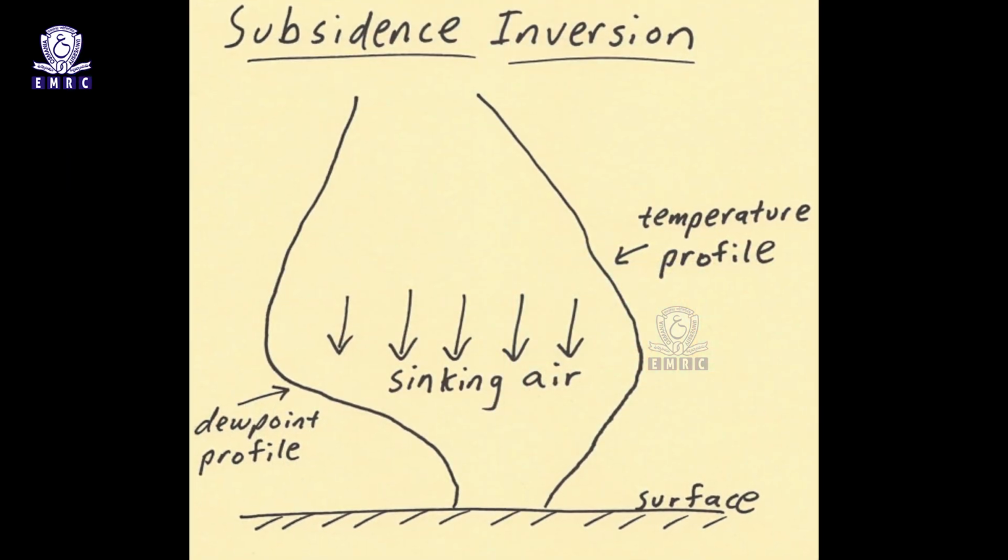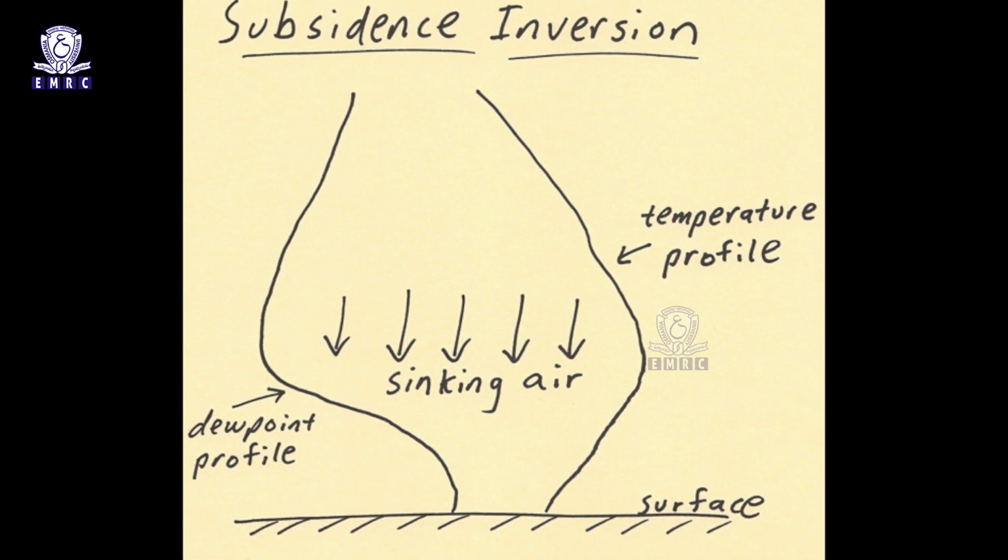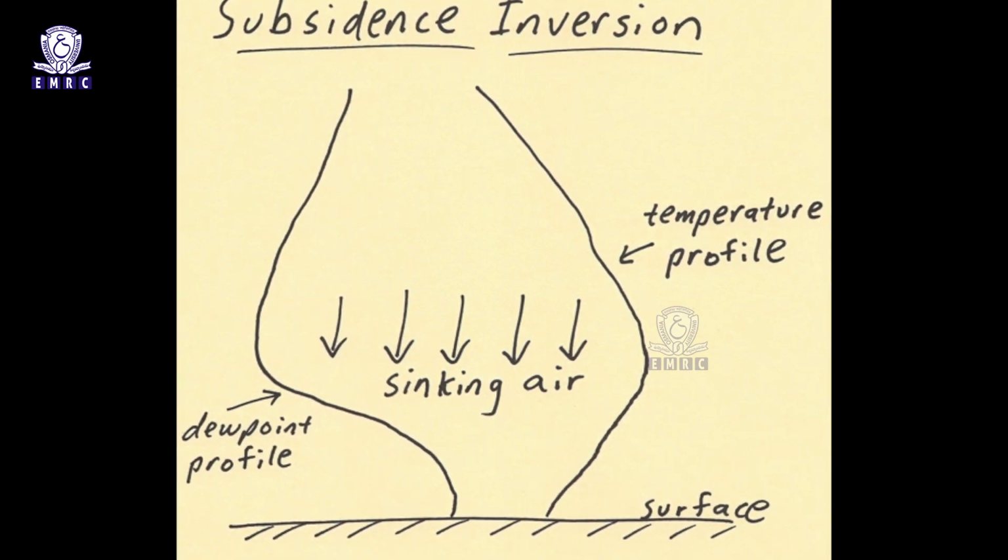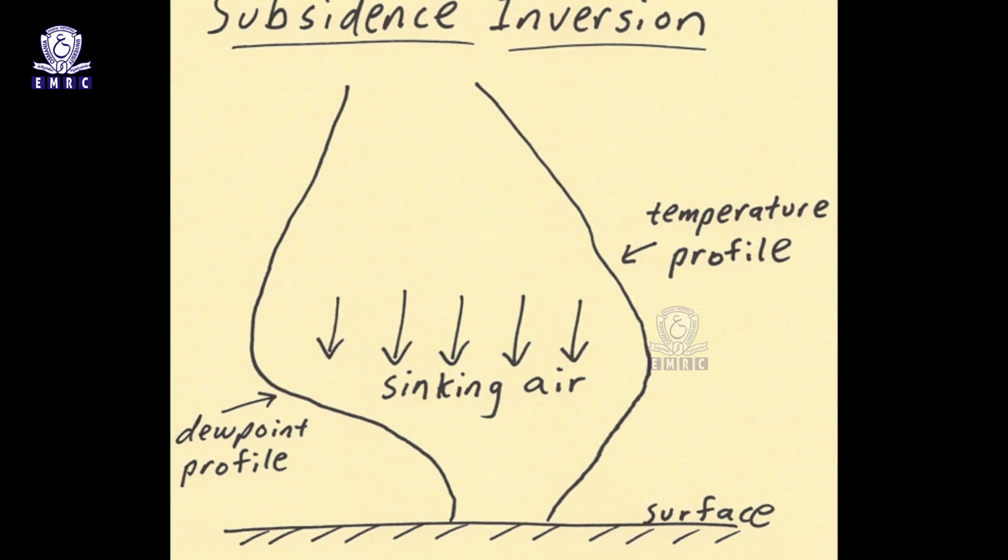Subsidence inversions are of common occurrence in regions of higher pressure that are characterized by sinking air. There are circumstances in which, during the night, two inversion layers may develop in the high pressure regions: one at the ground produced by radiational cooling and the other at considerable altitude produced by subsidence.